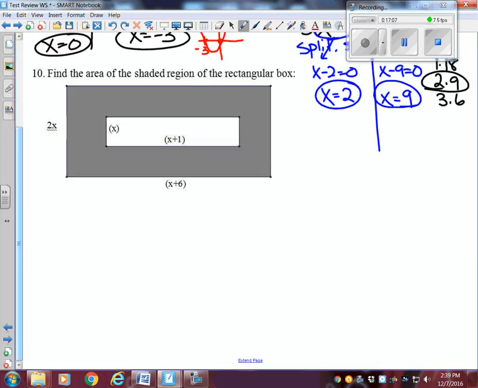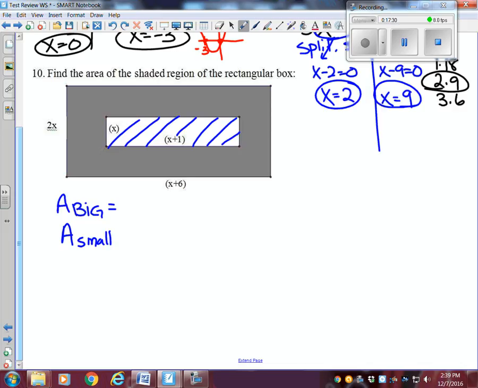Now we're trying to find the area of the shaded region of the box. This is where we realize that the area of the big box is something, the area of the small box is something, and if we take this away, we would know how much is left, like in the rectangular donut shaped thing.